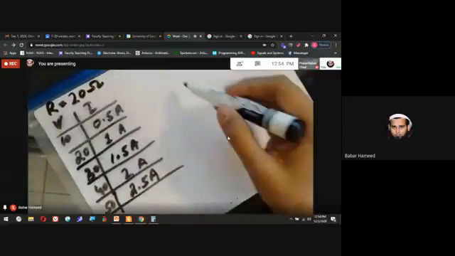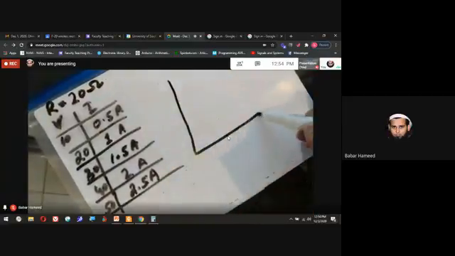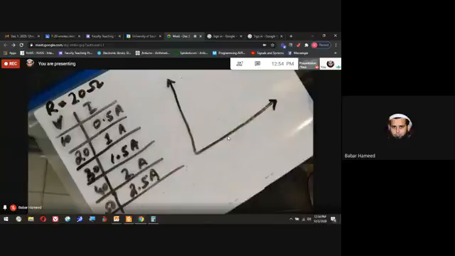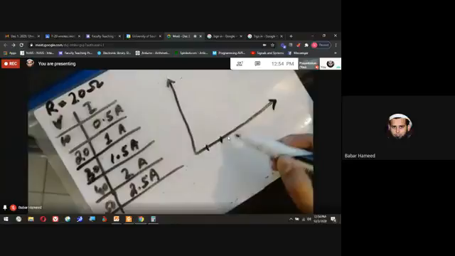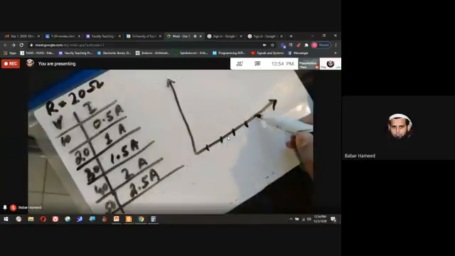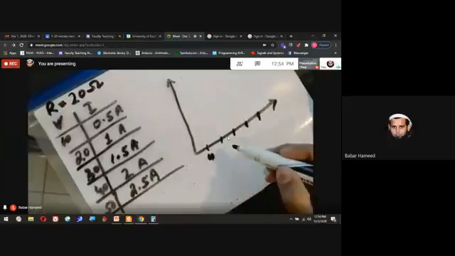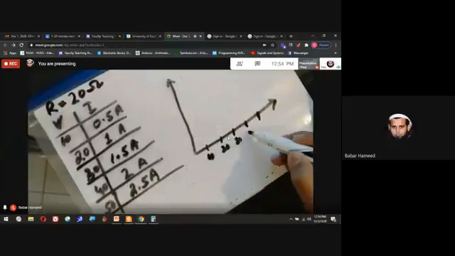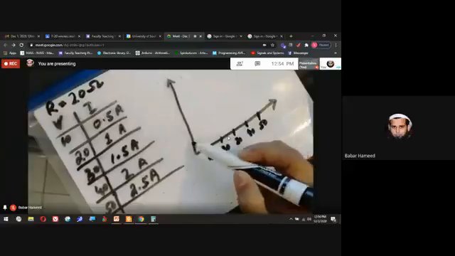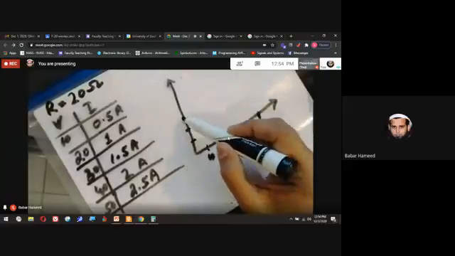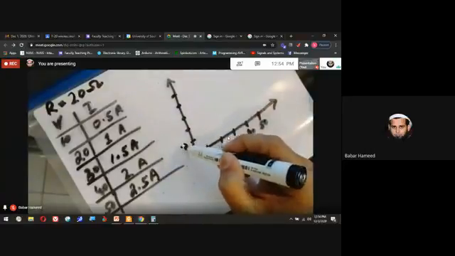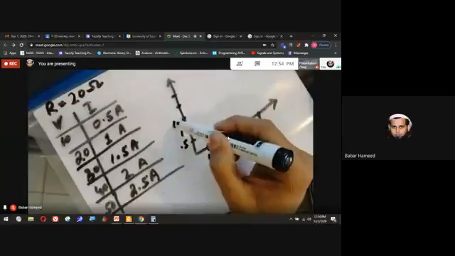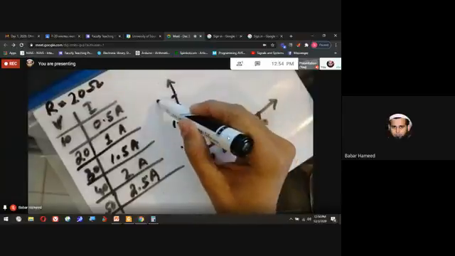So if I draw a relation between voltage and current, as voltage is the independent quantity here, I can write different values: 10, 20, 30, 40, 50, and the currents 0.5, 1, 1.5, 2, 2.5.